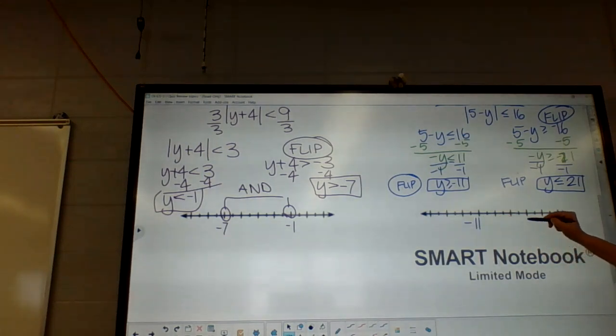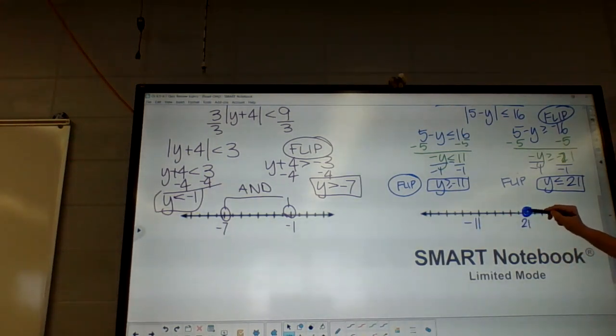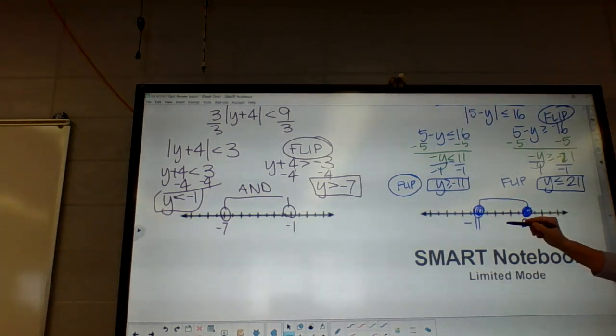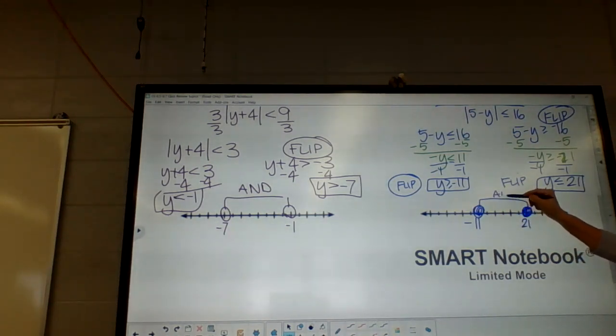So negative 11, 21, this one's a closed circle. But this time, they're going to go together, because it's smaller than 21, bigger than negative 11. So again, an and inequality.